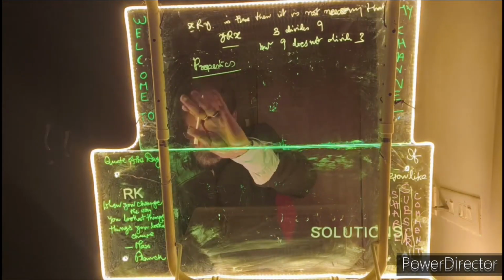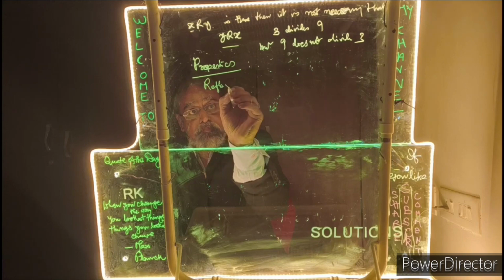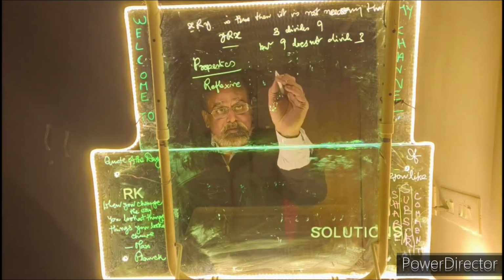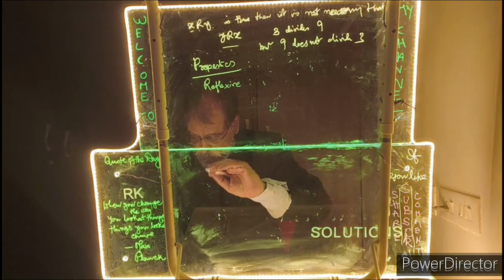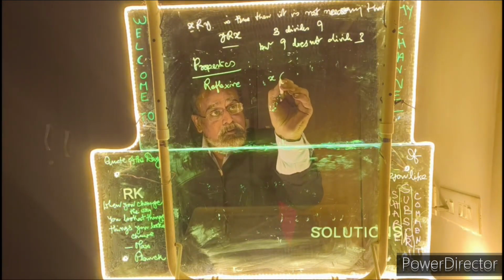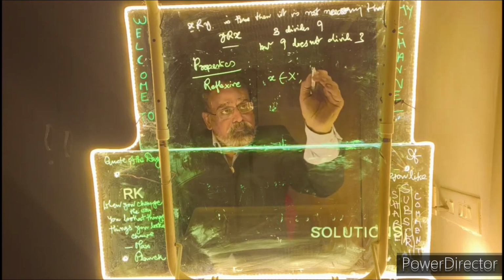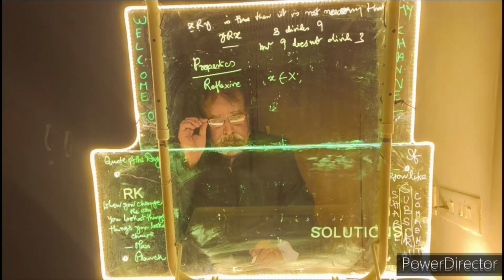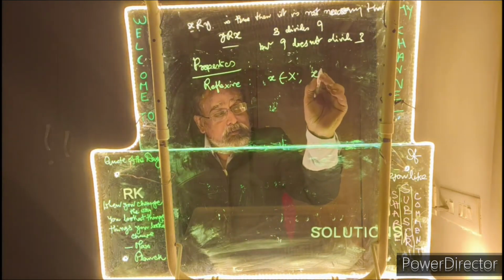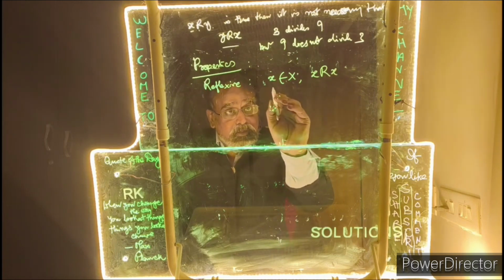First property is reflexive. Reflexive is if X belongs to X, then X relation X, meaning reflexive.